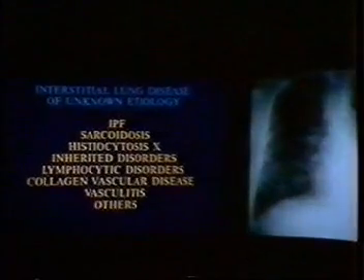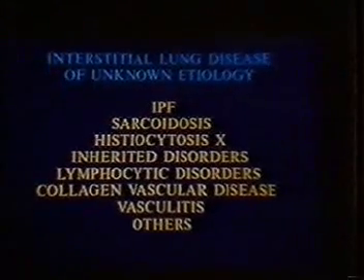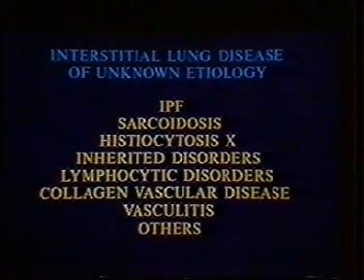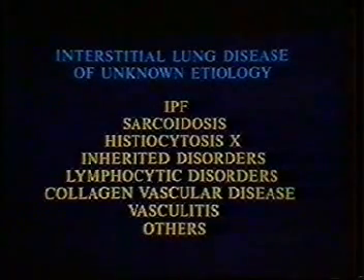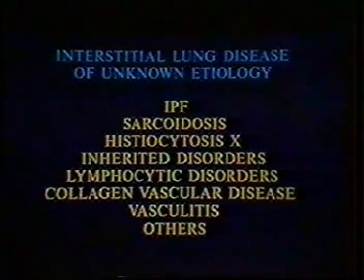The interstitial lung diseases of unknown etiology are even more heterogeneous. They're basically classified on the basis of their radiologic, clinical, and pathologic features. The most common and probably the most important is idiopathic pulmonary fibrosis, which you see at the top there, and that is based on a constellation of findings and the exclusion of a known cause for pulmonary fibrosis.